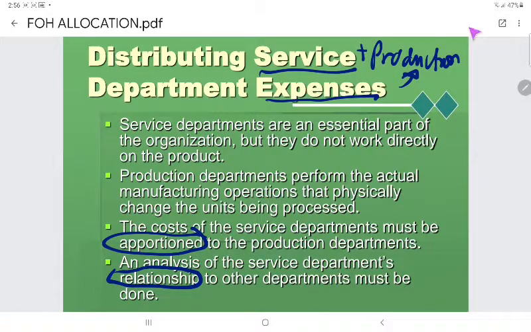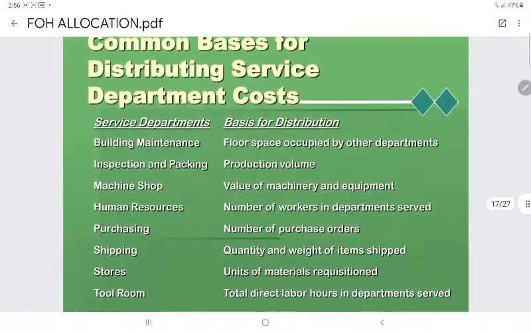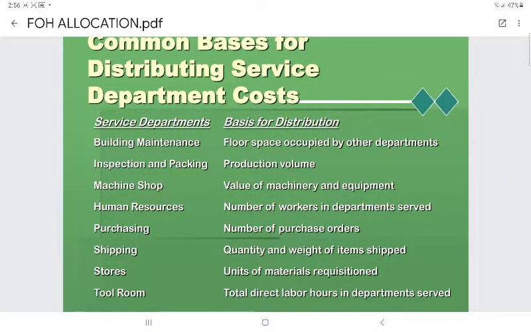And kung ganun ang kwento, ano-ano yung gagamitin natin? Ito daw yung ginagamit na mga bases for you to be able to distribute the service cost. You have the floor space pagka maintenance, volume ng production pag inspection, then machine shop will be the amount that you have recorded for your machinery and equipment.